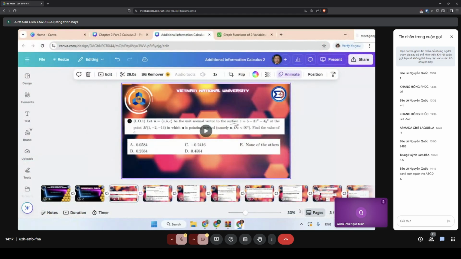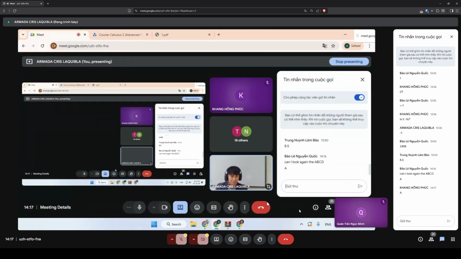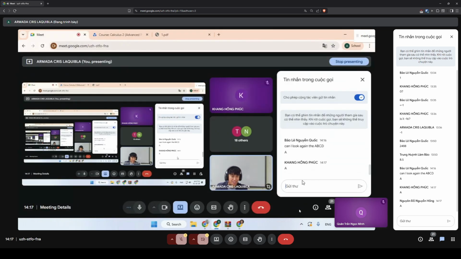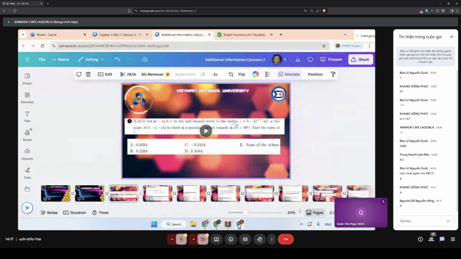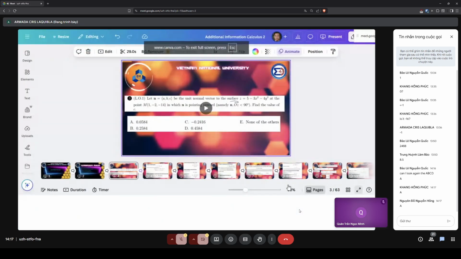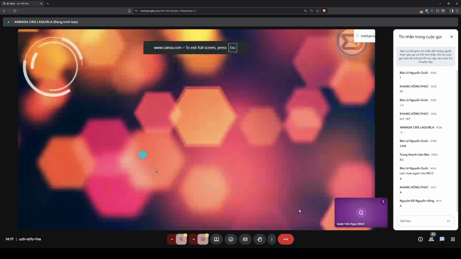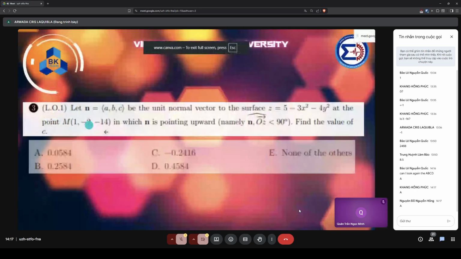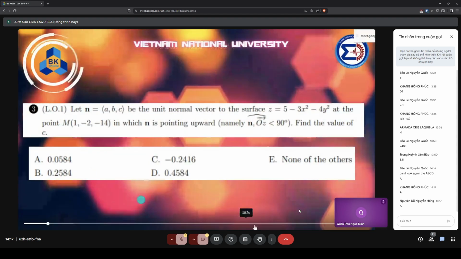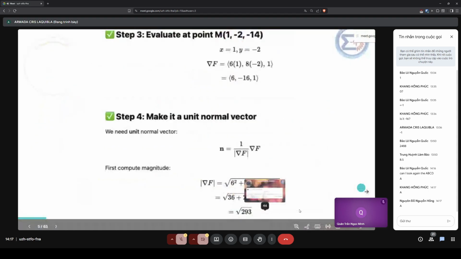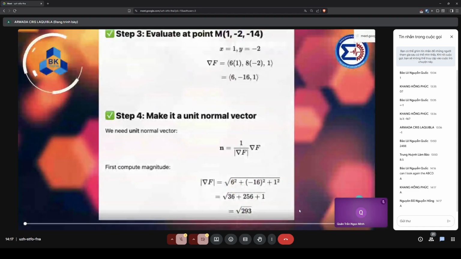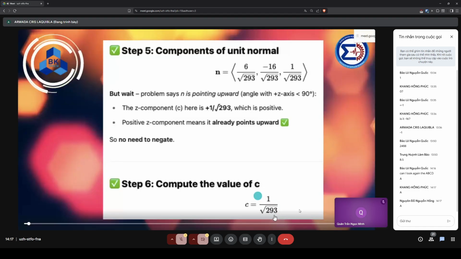So the answer is letter A, correct. Because that is equivalent to 1 over the square root of 293. So the answer is A. This is your C value, and that's equal to that decimal, right?